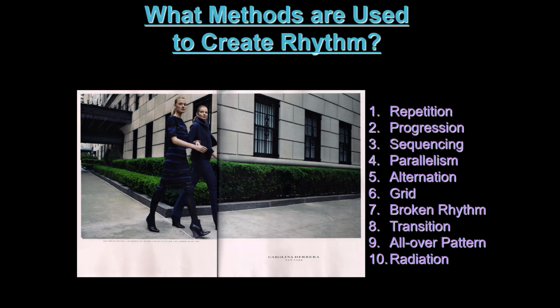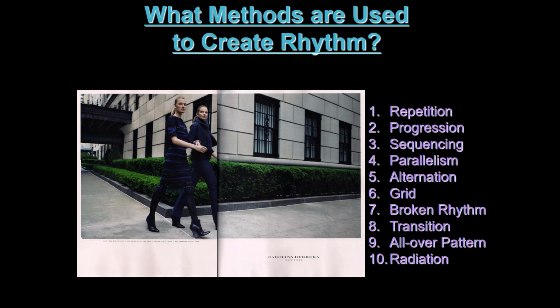So I want to put it all together and just hit a couple slides where I can tell you a few different methods of rhythm that are being used. If we take a look at this advertisement, here are a few things that are happening. One, both women are wearing blue, so that's something that's being repeated.